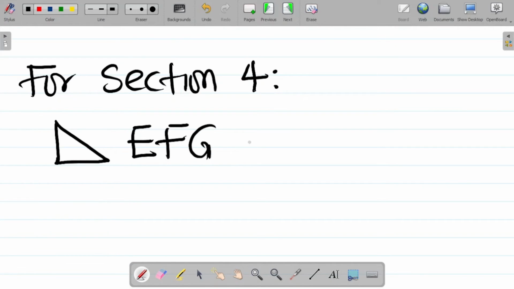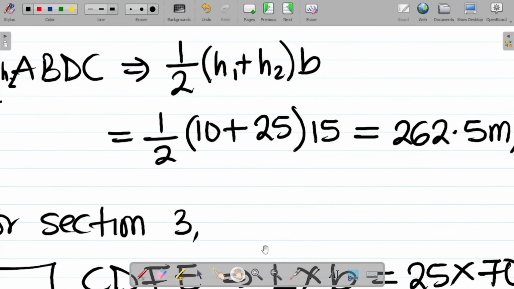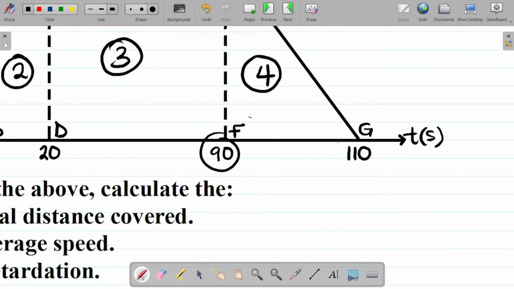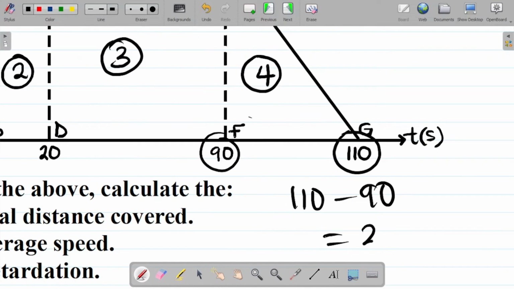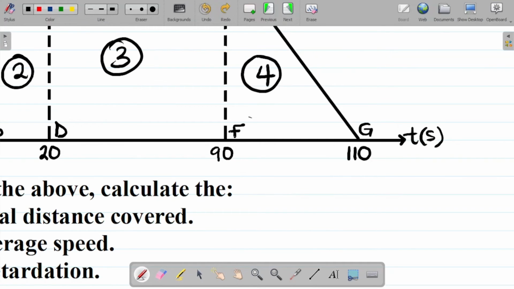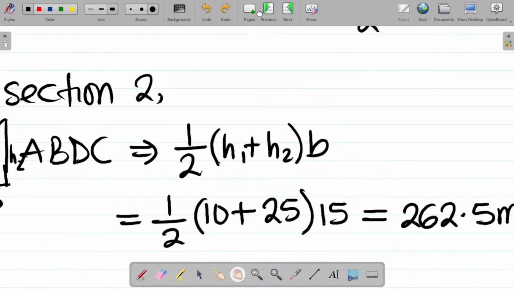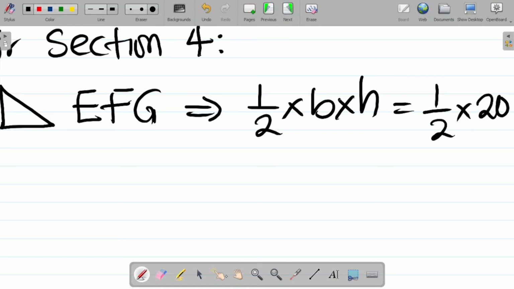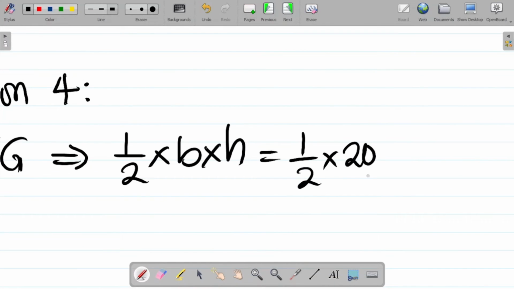And we know that for a triangle, the area of a triangle is half times the base times the height. Let's get the base and the height. For this, the base is simply distance from this point to this point, and that's simply 110 minus 90, which gives you 20. So the base is 20 in value. So half times base times height, and that's equal to half times base is 20, times, let's get height.